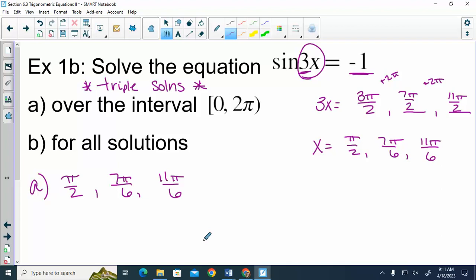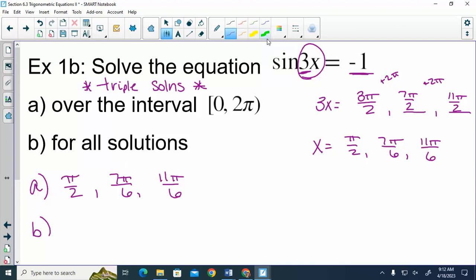To get the remaining ones, before we solve for x, so back when we're still just treating it like a normal 0 to 2 pi, we add 2 pi until we get all of our solutions, and then we can divide all of those by the 3.